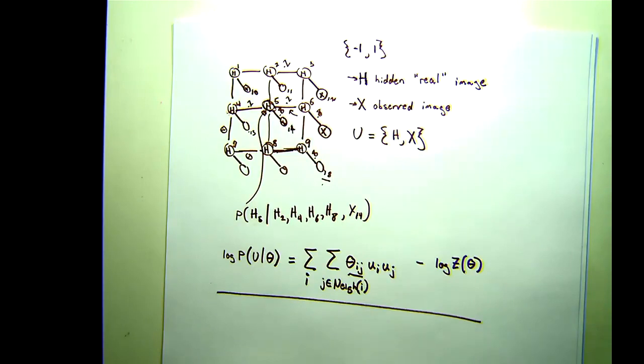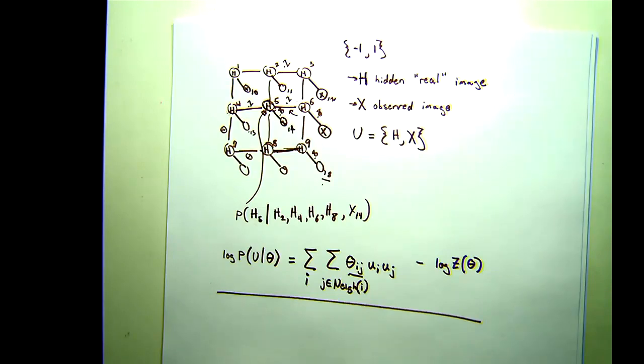Now we could do other things, just like with HMMs. We might want to find a sample of likely images, though you don't really sample from these because it's intractable.